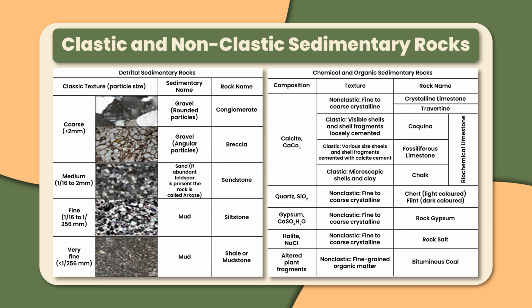On the other hand, if you see the non-clastic rocks, the most predominant component is calcite, and they produce different types of rocks. Non-clastic fine to coarse crystalline rocks are crystalline limestones or travertine or tufa, or coarse visible shell and shell fragments loosely fragmented are called coquina.